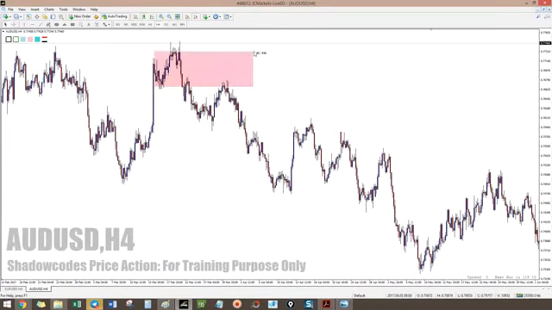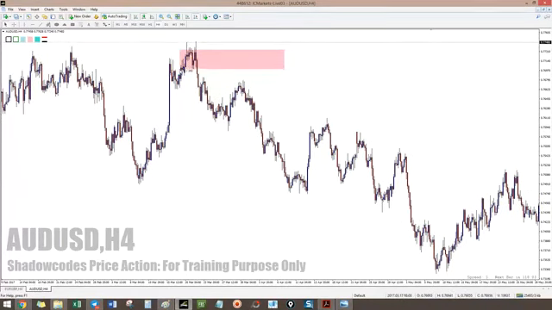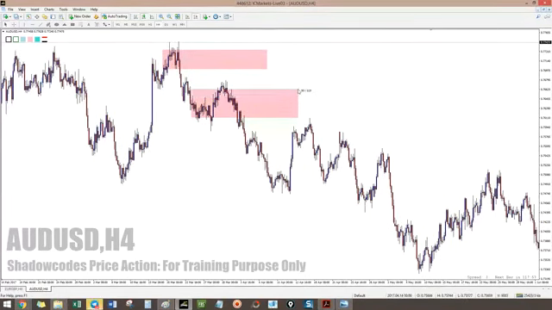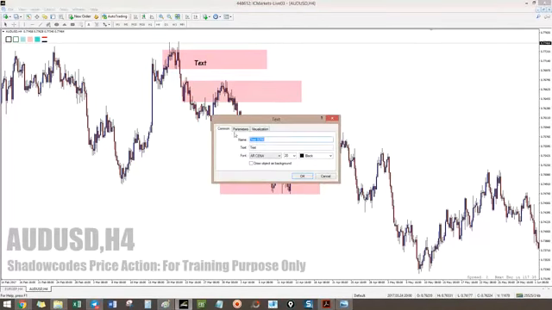This is a 1. A 2. A 3. No, structure breaker where? This start to break. Distribution.